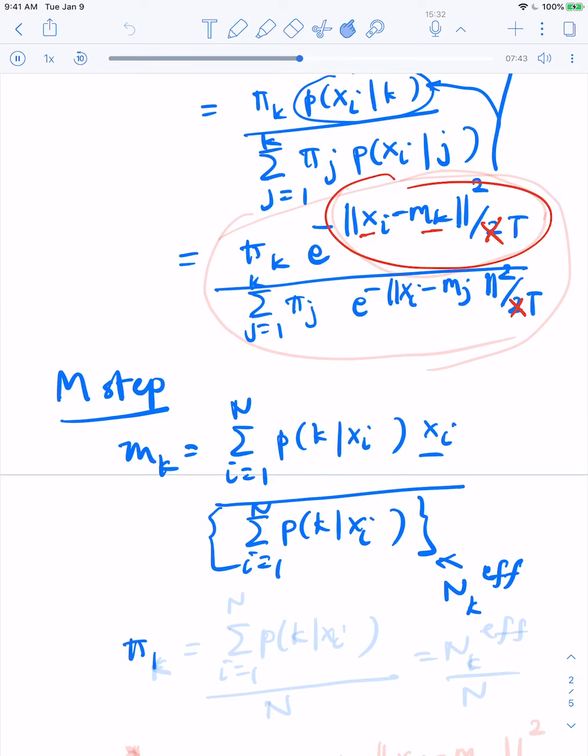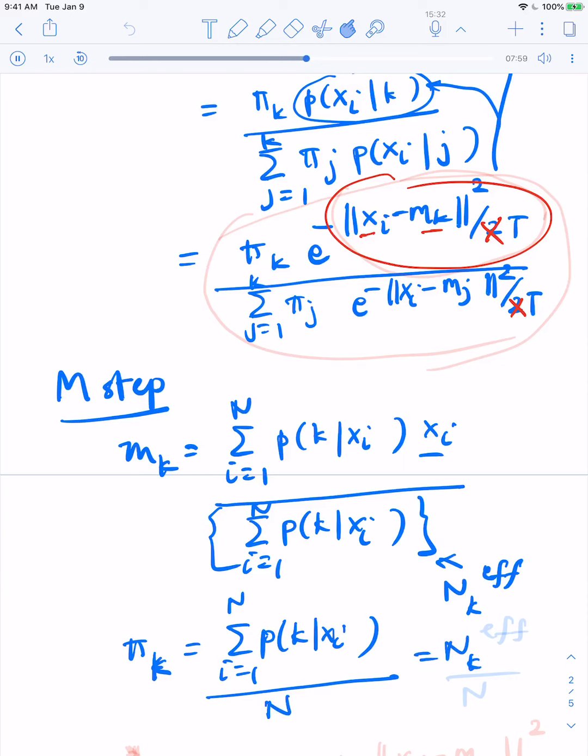And we also, of course, have to update the component probabilities, which are just the sum of these assignment probabilities, P of k given xi, divided by n.